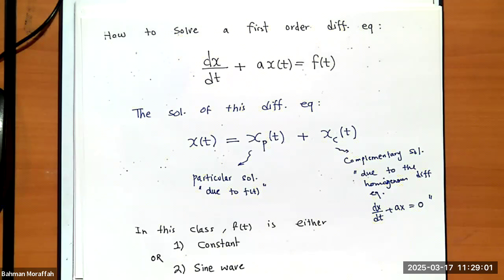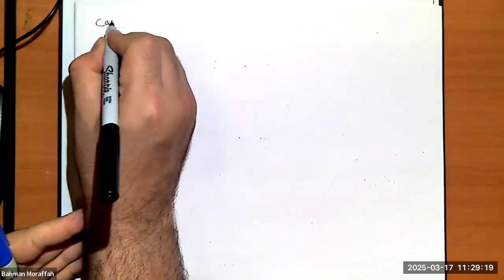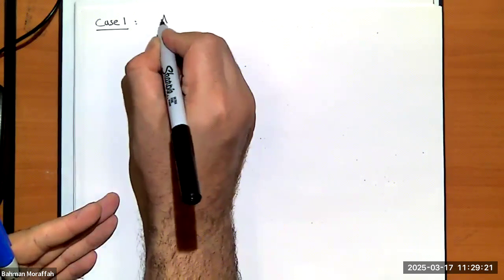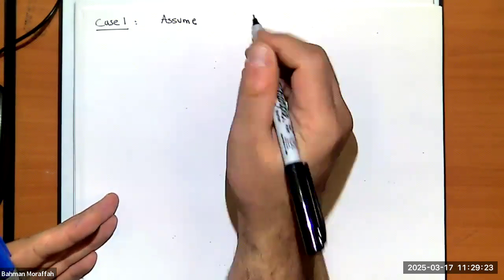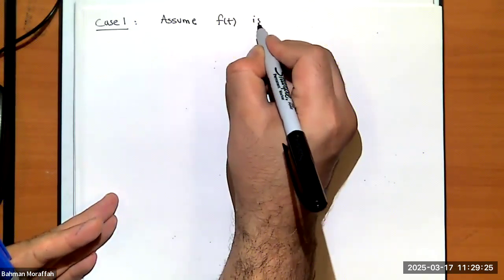But let's go back and think about it mathematically and see how we can solve a differential equation with the force function a constant. So our idea here is that, case 1, assume f of t is constant.